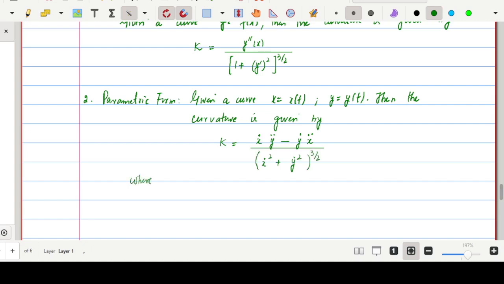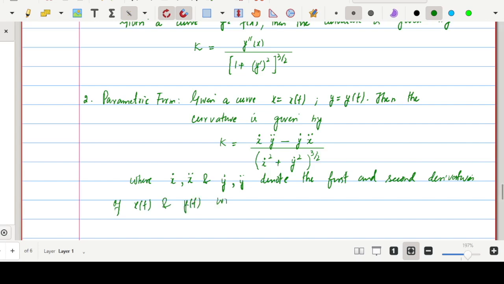So x dot, x double dot and y dot, y double dot denote the first and second derivatives of x of t and y of t with respect to t.